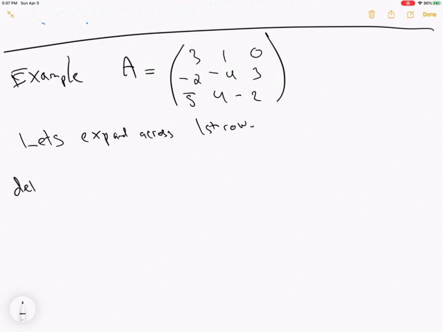So then the determinant of this matrix A is given by, so we take the first entry, 3, and have to multiply that by the 1, 1 entry of the cofactor matrix. Now remember, the 1, 1 entry of the cofactor matrix is, by definition, going to be a positive number. I'll put big brackets here. It's going to be a positive number times the determinant of the submatrix. So if you remove the entry with that 3 there, the submatrix is minus 4, 3, 4, minus 2.